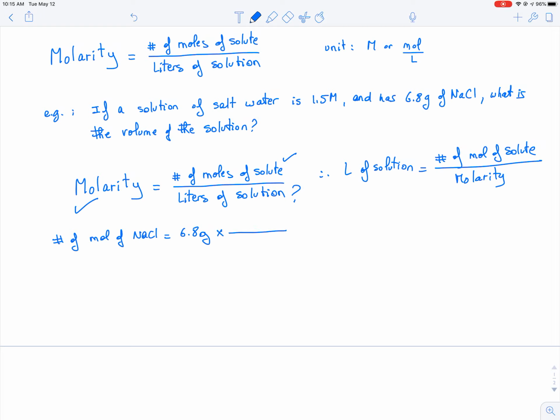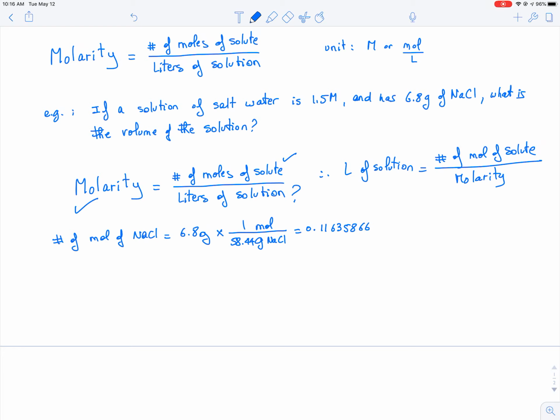And since we have the grams of sodium chloride down here and moles here, technically we're dividing by the molar mass, and the molar mass is 58.44. I just happen to know it, but you can always double check that. And when you do the math on this one, 6.8 divided by 58.44, I get 0.11635866.